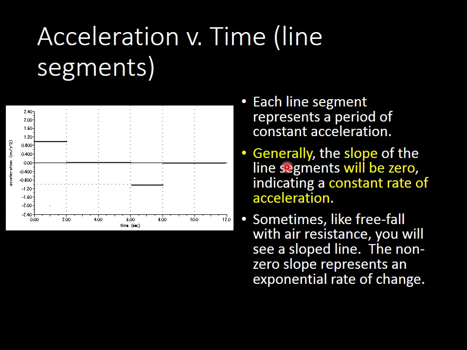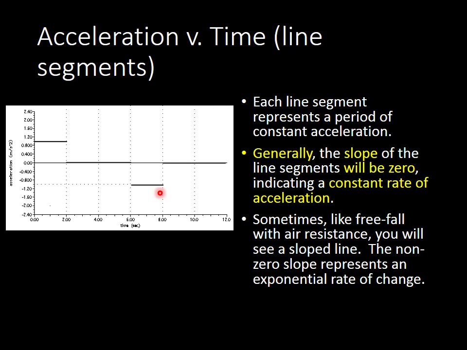The next thing that we would look at on this graph is just the line segments themselves. Each one of these line segments represents some period of constant acceleration. So generally the slope of these line segments is going to be 0, which would indicate a constant rate of acceleration. So for instance, this line segment right here at negative 1.0 shows me that the acceleration between 6 and 8 seconds was negative 1, or that it was slowing down or turning into that negative direction.